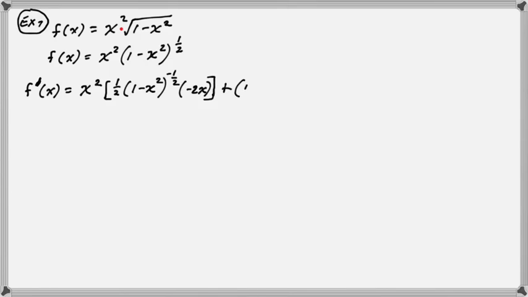Plus, bring down the 1 minus x squared to the 1/2, the second factor, times the derivative of the first. What's the derivative of x squared? 2x. What I just did here was the product rule. U times v became u v prime plus v u prime, the product rule.